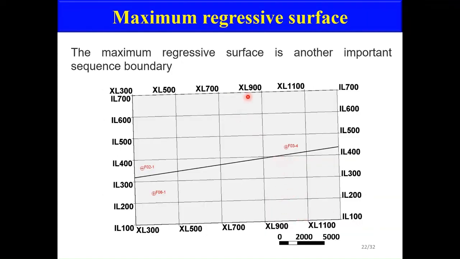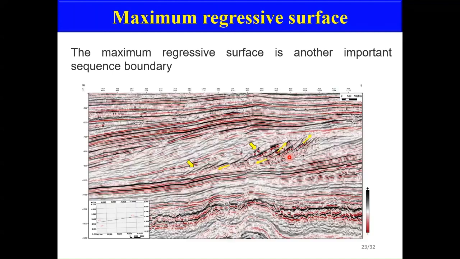Another surface for the seismic sequence analysis is the maximum regression surface. And here is the location of the seismic section, the black curve. The yellow arrow indicates the maximum regression surface, identified by analyzing the seismic reflection patterns and also the well log analysis, the gamma ray log.